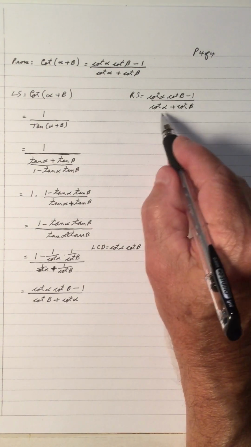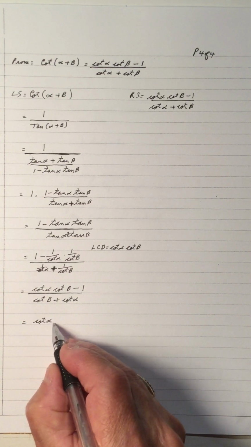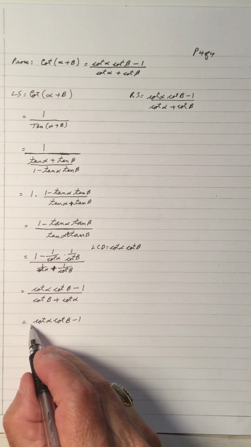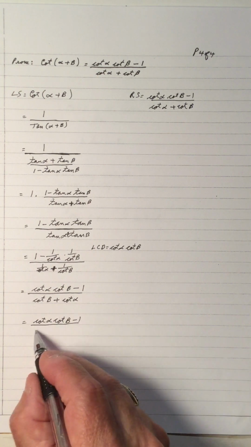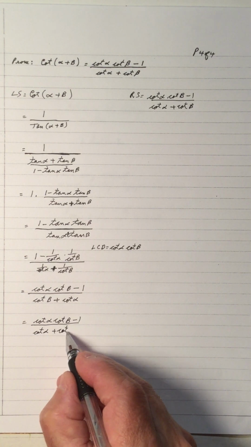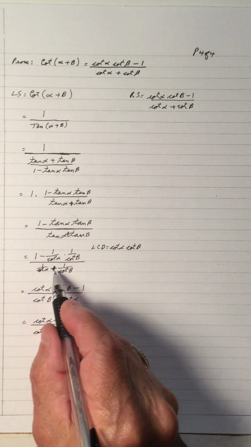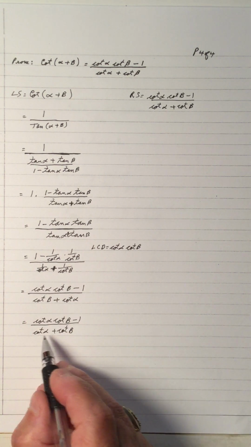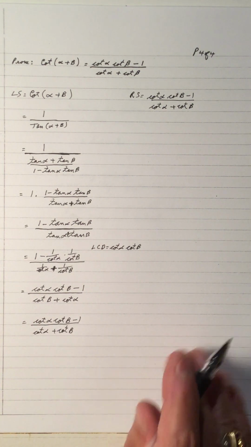So it looks like the top is okay, but the bottom is not. So it has to look like this, but the cot of beta plus the cot of alpha is the same as the cot alpha plus the cot of beta. That's because addition is commutative. We can switch those around. So if you had a 4 and a 5, 4 plus 5 is the same as 5 plus 4. So we can switch these around because of the commutative property of addition.